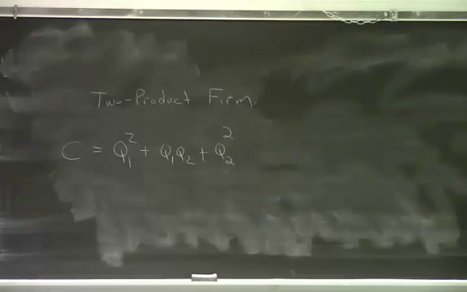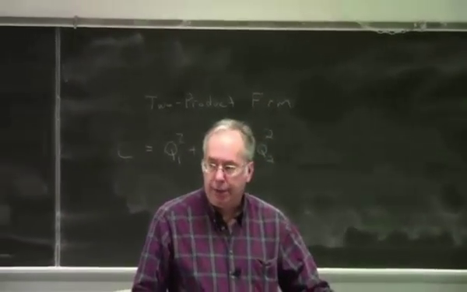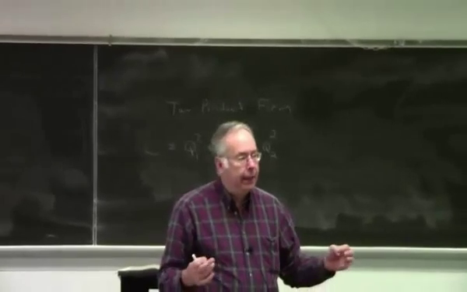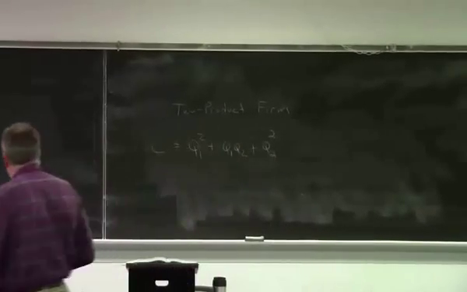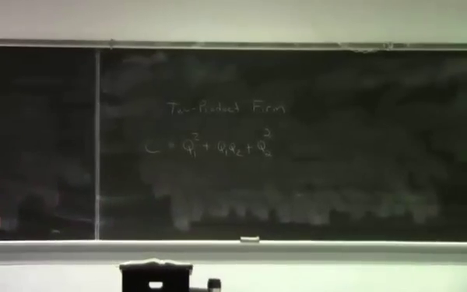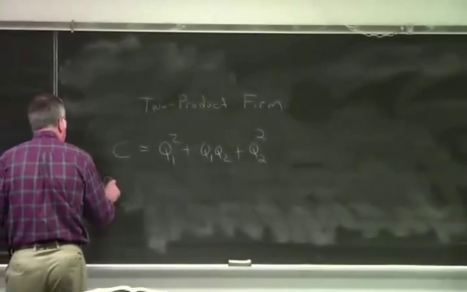Imagine that this two-product firm sells its products in competitive markets, and it is a price taker in each of these markets. It can sell as many units of product 1 as it wishes at $100 per unit.